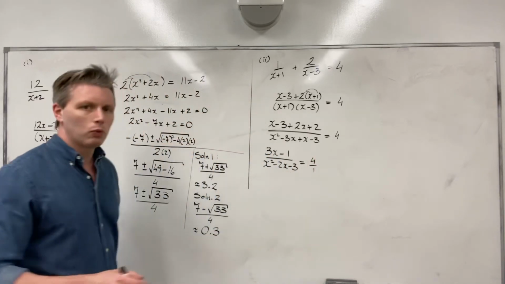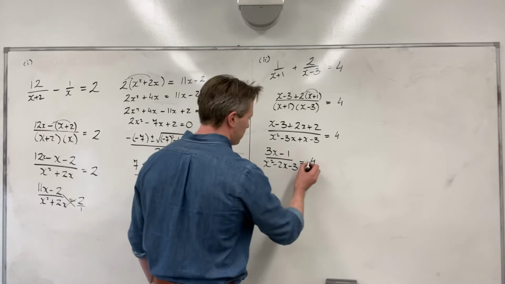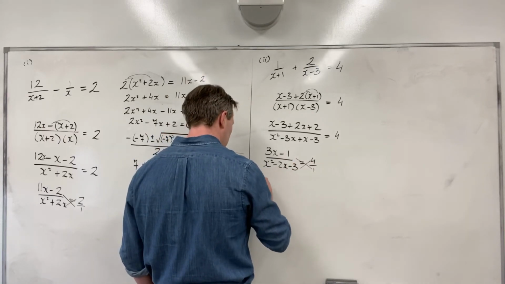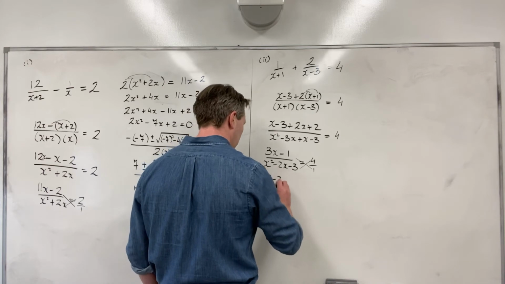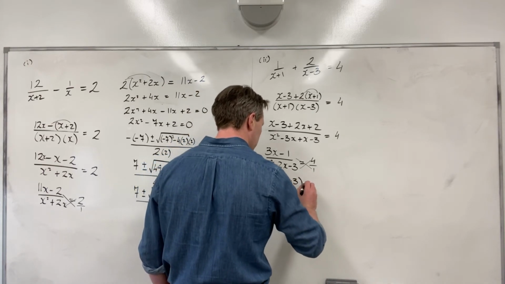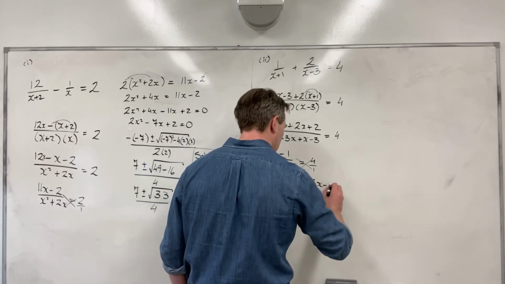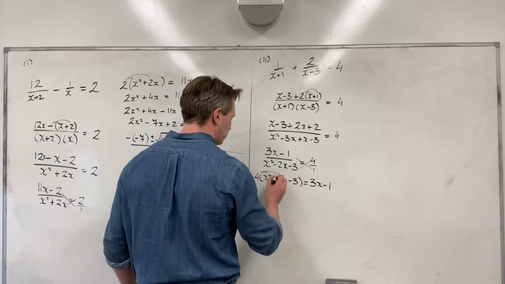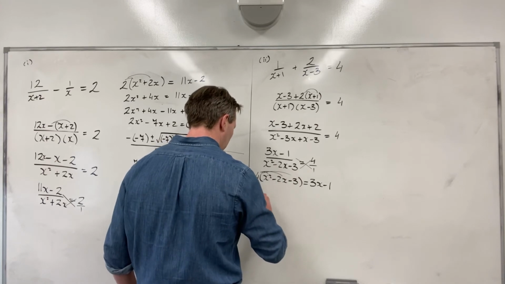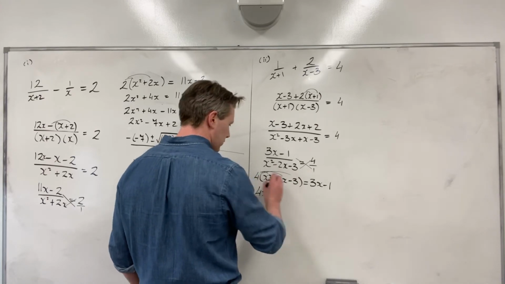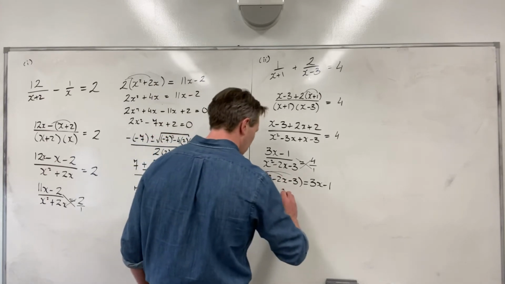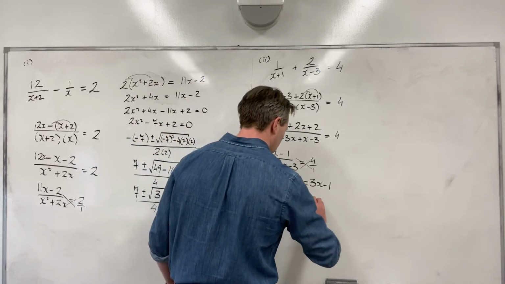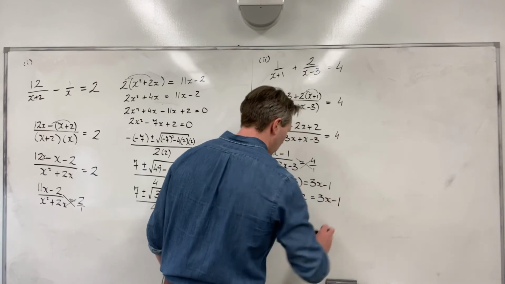I'll write 4 as 4 over 1, and I will cross multiply here. So I get 4 times x squared minus 2x minus 3 is equal to 3x minus 1. Distributing the 4, I will get 4x squared, 4 times negative 2 is negative 8x, 4 times negative 3 is negative 12, equals 3x minus 1.